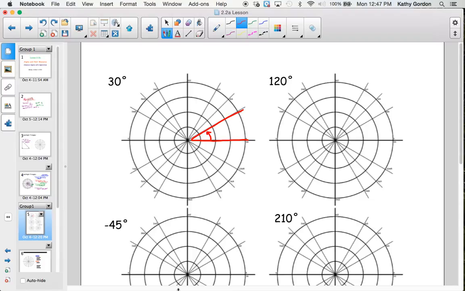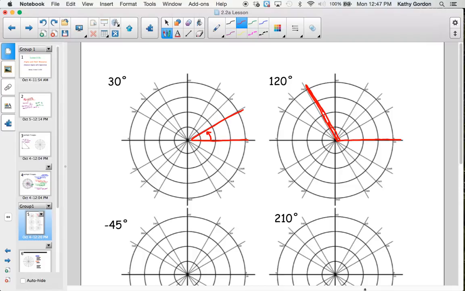120. Emily, want to do 120 for us? Sometimes it's hard to line up with the right line, isn't it? Okay?